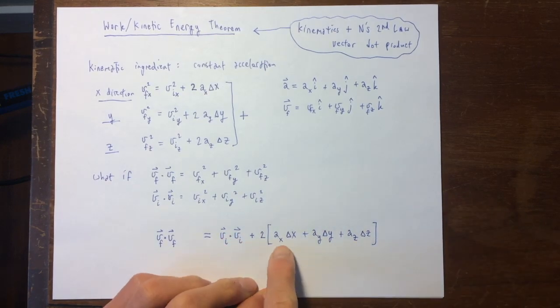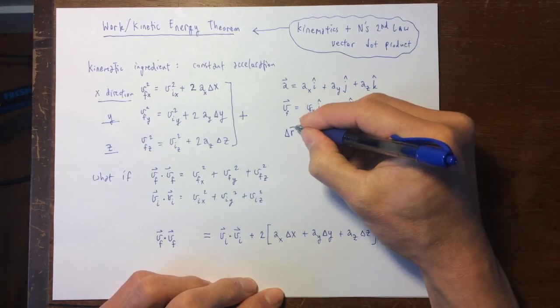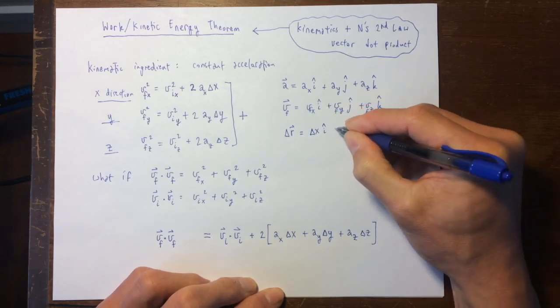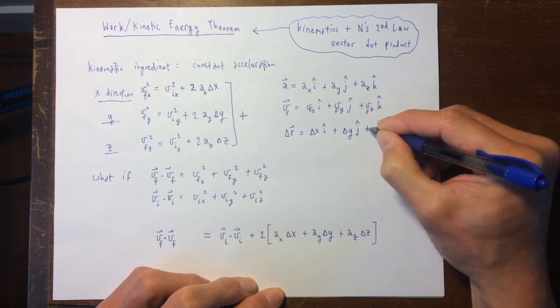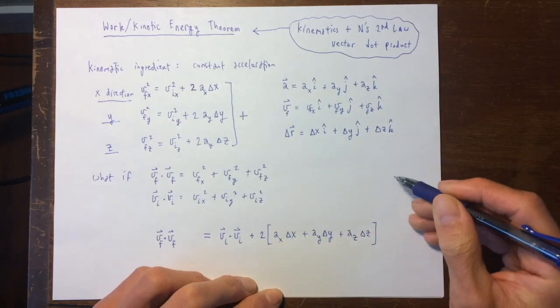It looks like an x component of acceleration times the x component of something that we called the displacement vector. So I'm writing the displacement vector down. So here's the displacement vector.